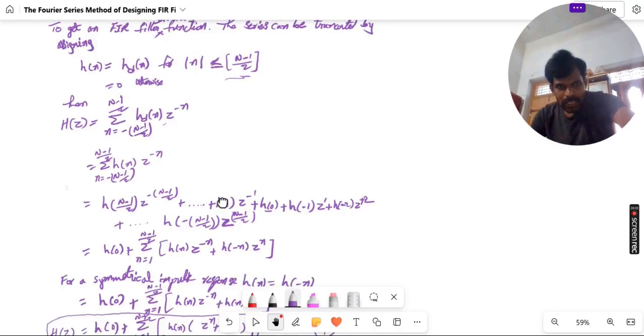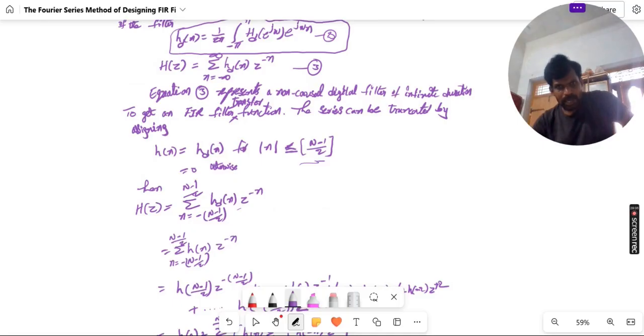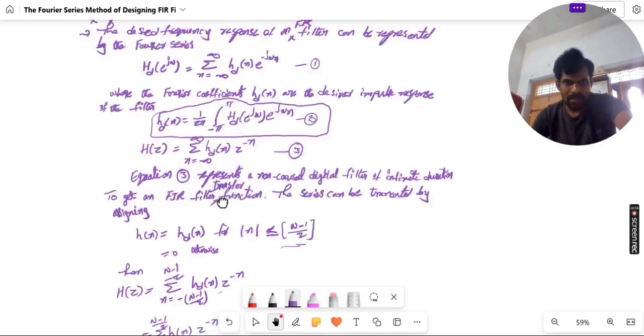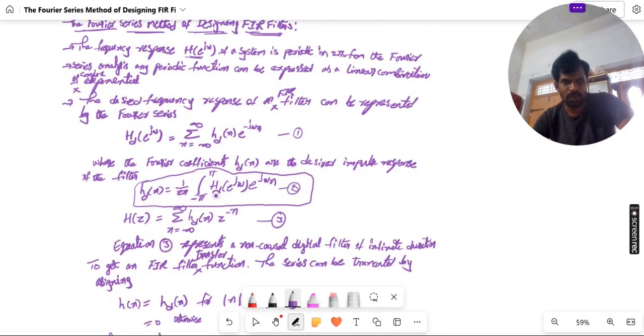We apply limits because we are going to truncate the Fourier series. The Fourier series is periodic; according to Fourier series analysis, any periodic function can be expressed as a linear combination of complex exponentials.